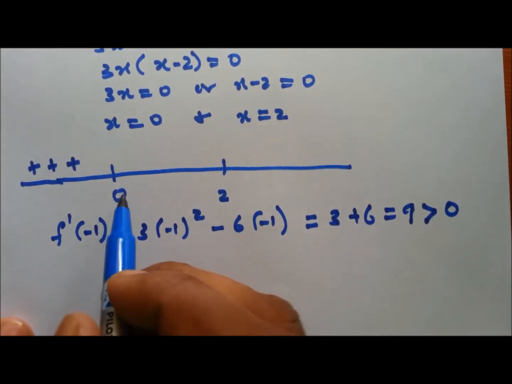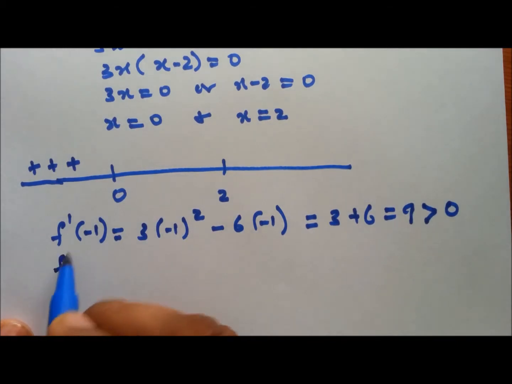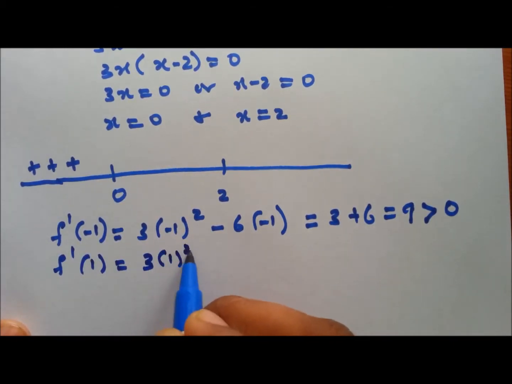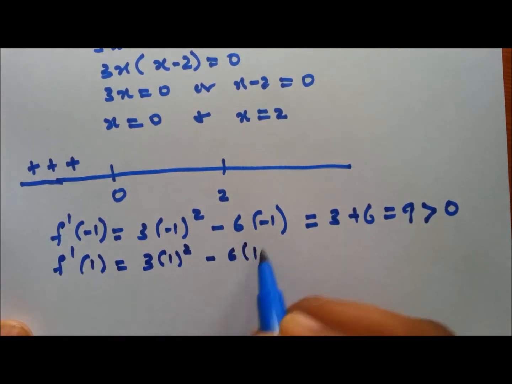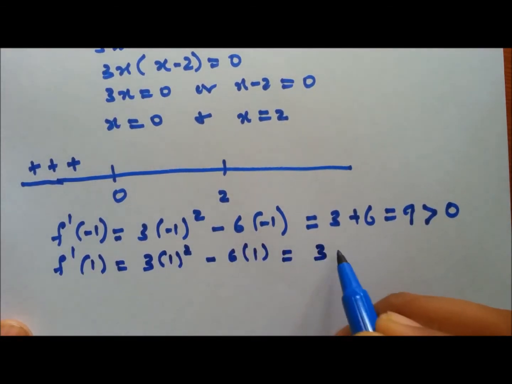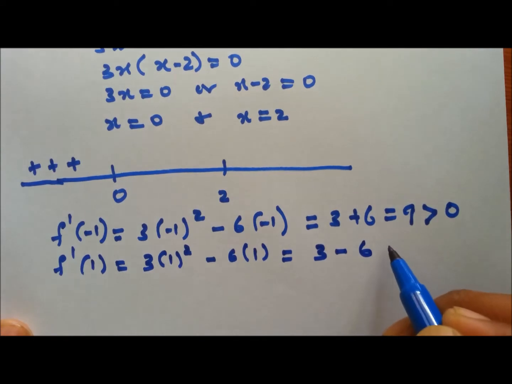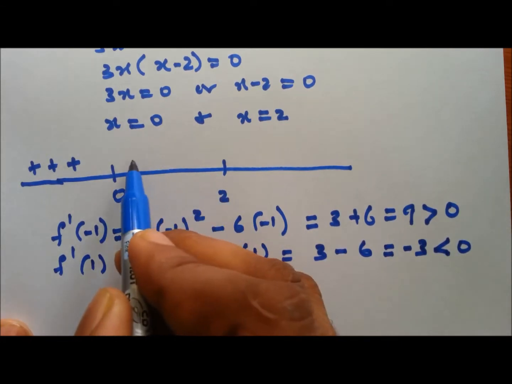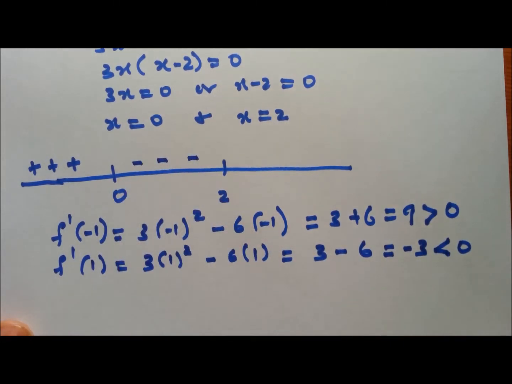Next, between 0 and 2, let's say f prime of 1. We have 3 times 1 squared minus 6 times 1, which is 3 minus 6, equal to minus 3. Minus 3 is less than 0, which means the gradient between 0 and 2 is negative.